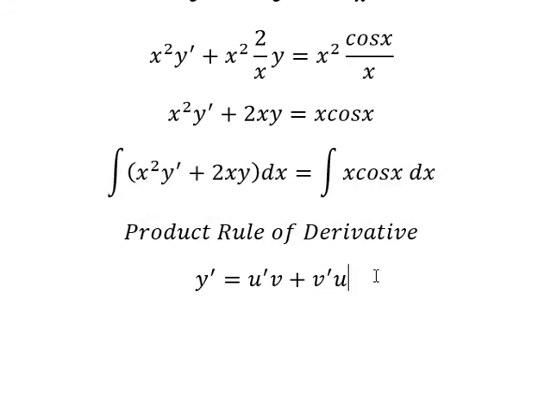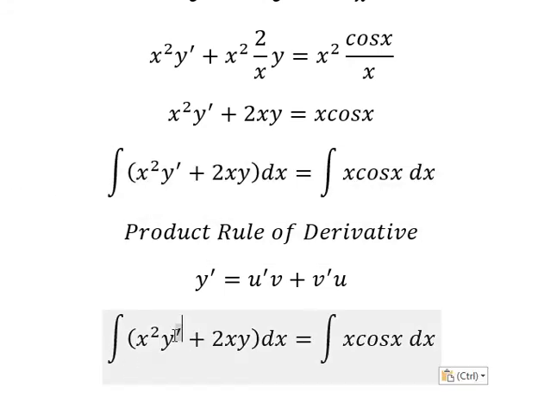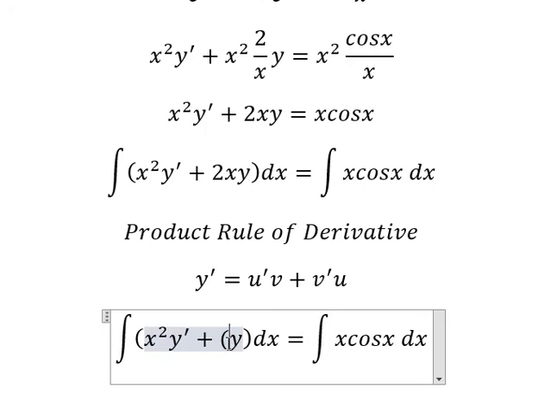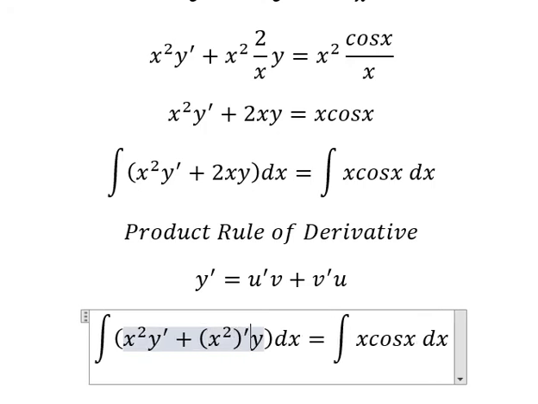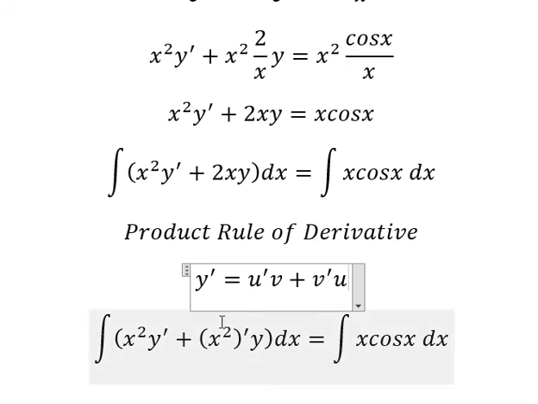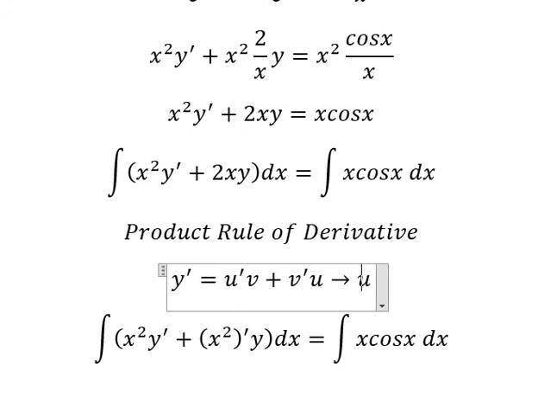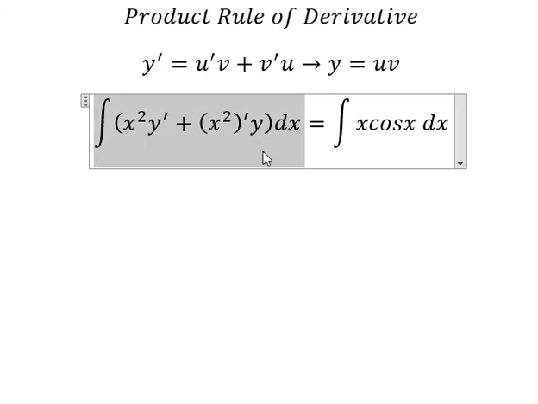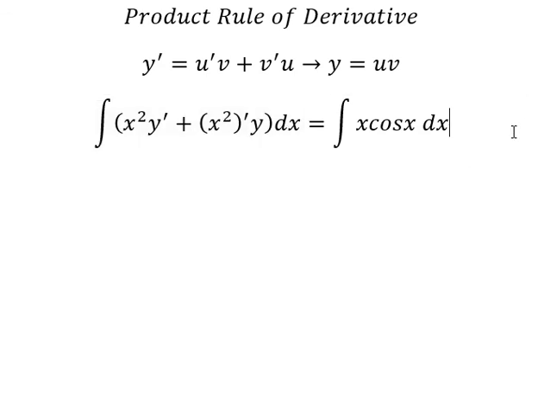If we look carefully, this is the first derivative of u multiplied by v, and this is the first derivative of x squared multiplied by u. So if we do this integration, we have y equals uv. So the integration of this one, we have y x squared.